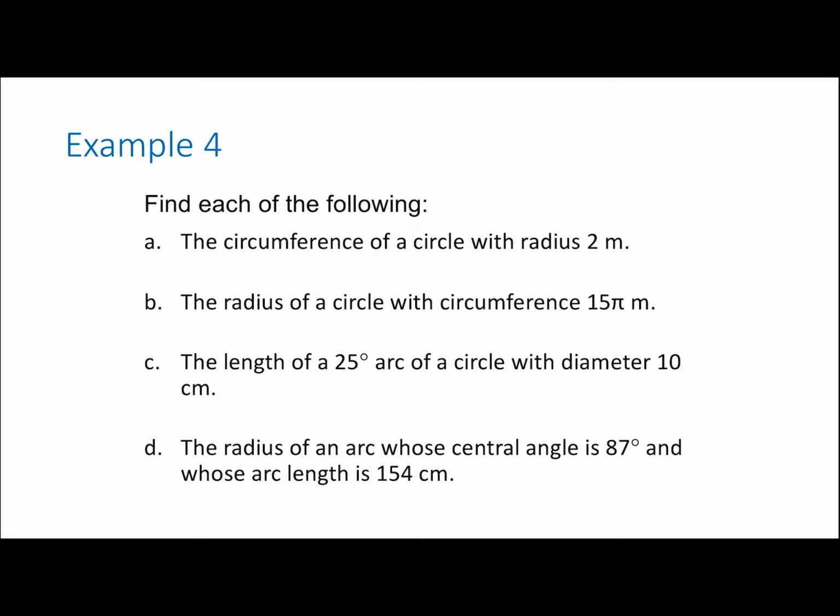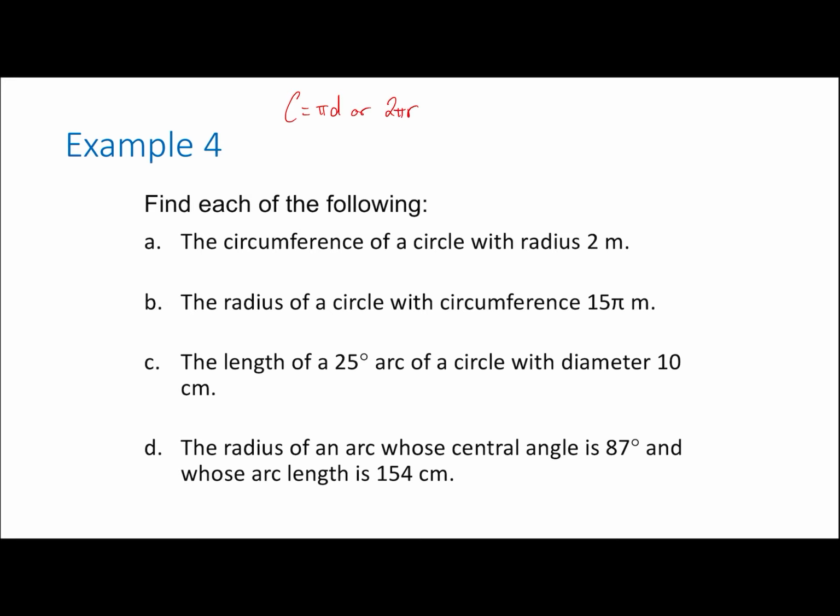So let's look at a couple of examples. Actually, I have 4 parts here. And the first part says that we're going to find the circumference of a circle with the radius of 2 meters. Now, again, circumference is pi d or 2 pi r.